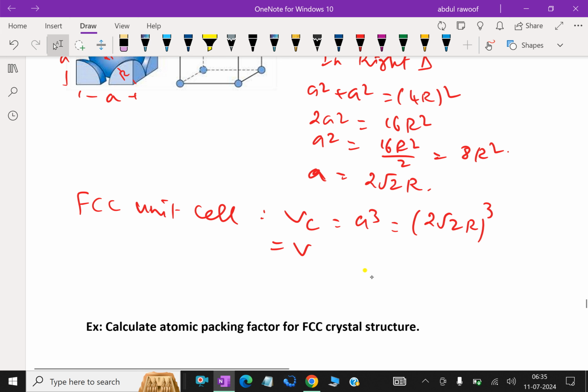Therefore VC equals 2 cubed is 8, times root 2 cubed, that is 16 root 2 r cubed. Therefore the volume of the FCC unit cell in terms of atomic radius is 16 root 2 r cubed.